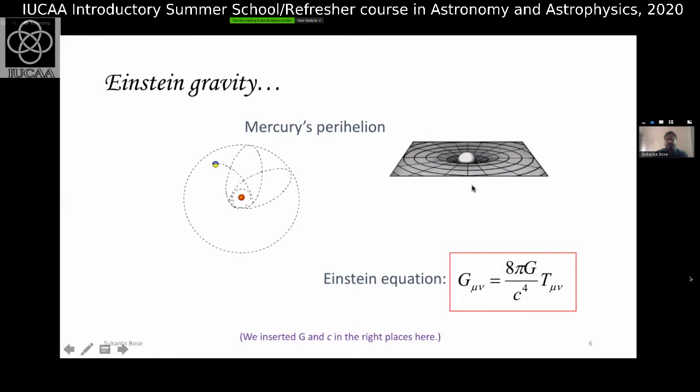Basically, their orbits will bend. Okay, not just that, even the path of light will bend as it tries to traverse the vicinity of the sun. And that's because the path of light or massive particles is governed by these depressions in the space-time curvature around any massive object.